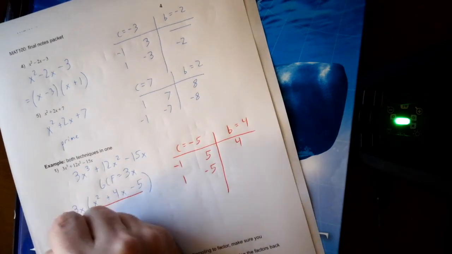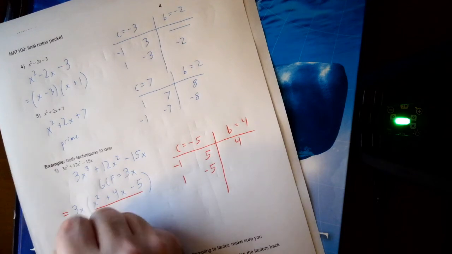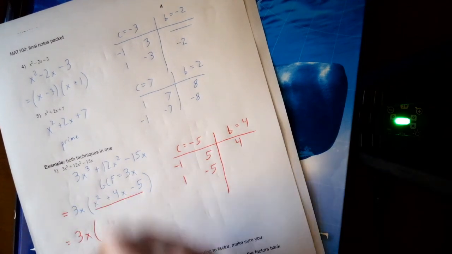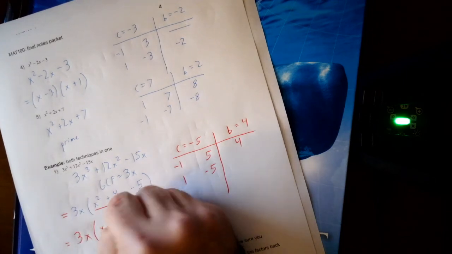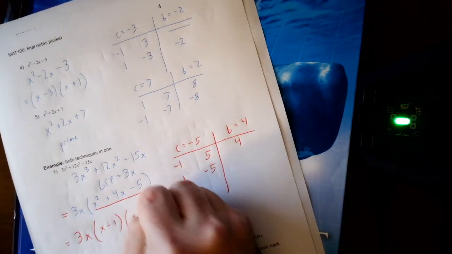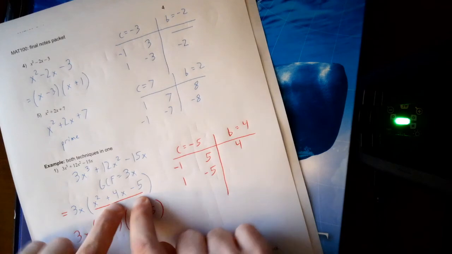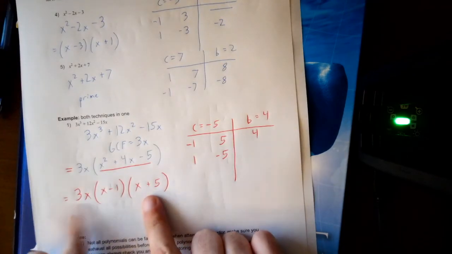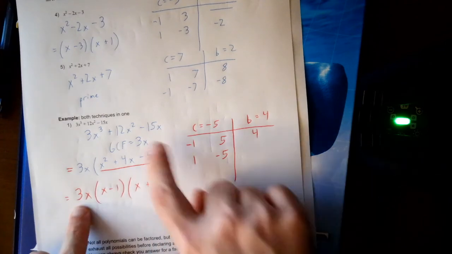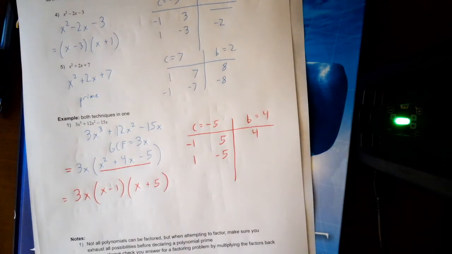So my answer, the 3x is still out front, parentheses. I have x minus 1, parentheses, x plus 5. This portion here became x minus 1, x plus 5. Don't forget the 3x out front, though. That was the first thing you factored, right? So this question combines both techniques into one.